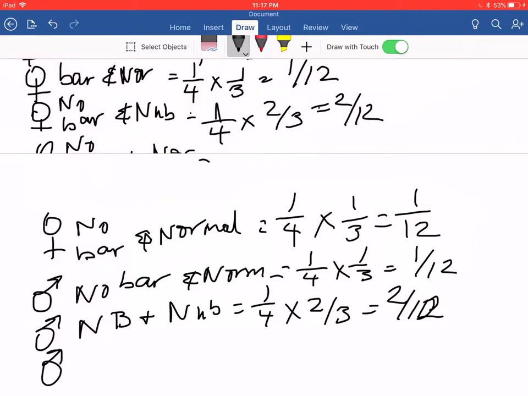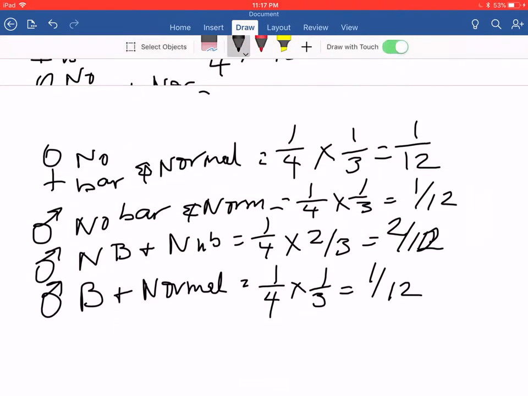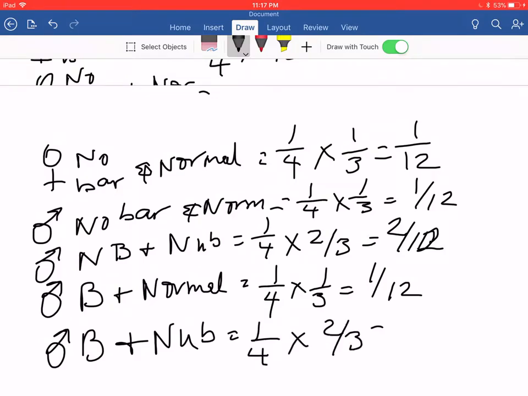You can have a male who has bar and normal. That's going to be 1/4 times 1/3, or 1/12. And finally, you could have a male who has bar and nub, which is 1/4 times 2/3, or 2/12.